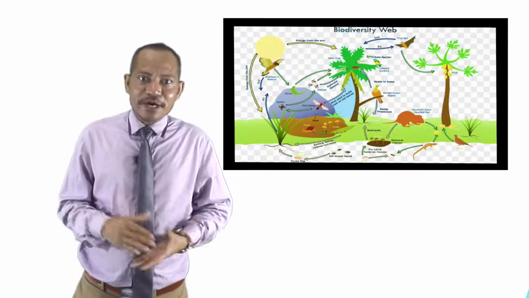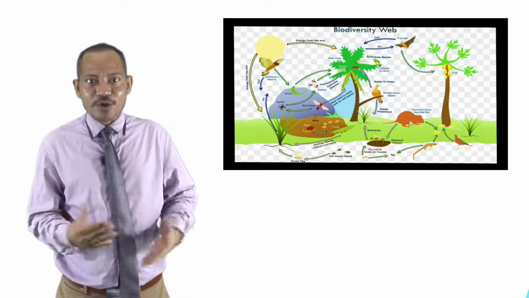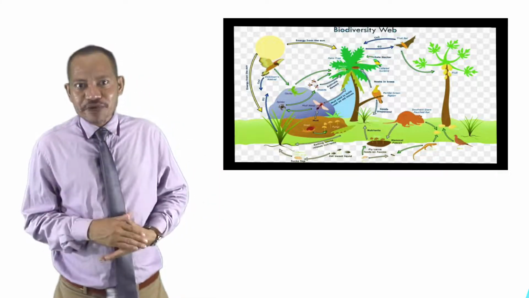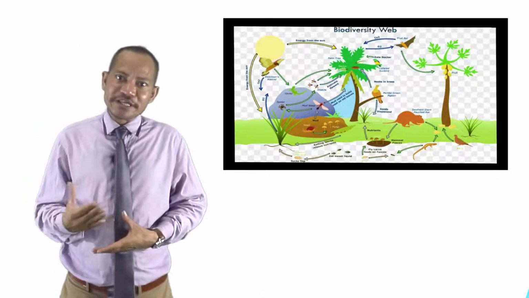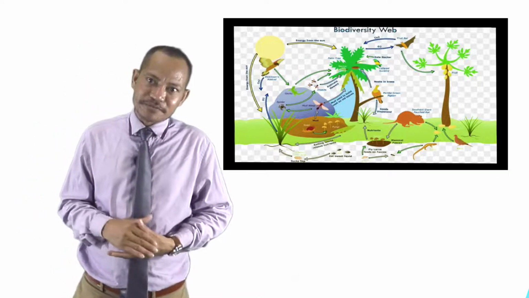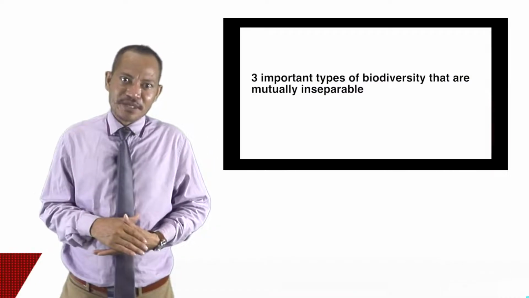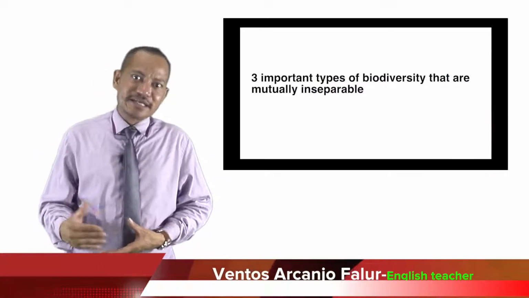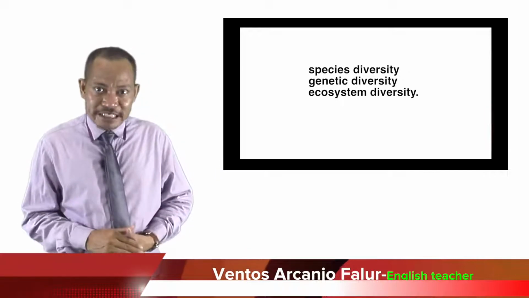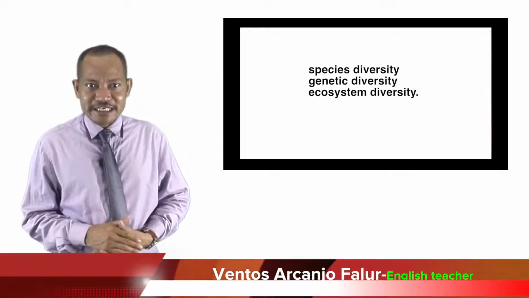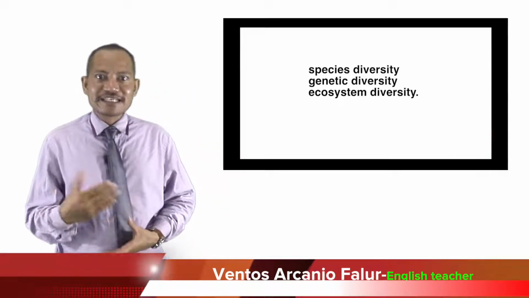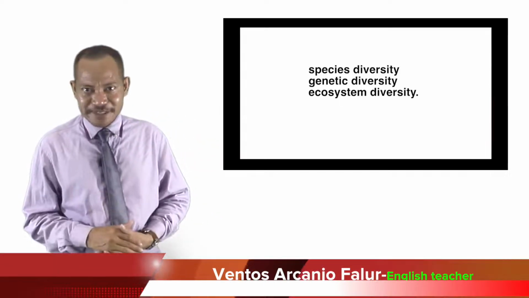And when we talk about biodiversity, we need to involve these three important types of biodiversity that are mutually inseparable: species diversity, genetic diversity, and ecosystem diversity. First, let's have a look at species diversity.